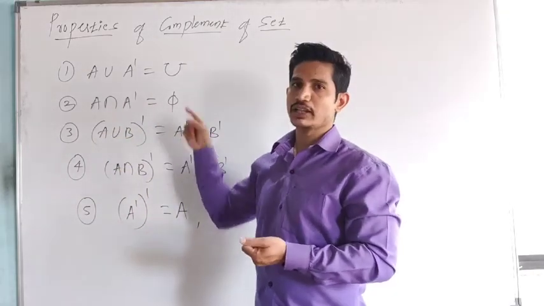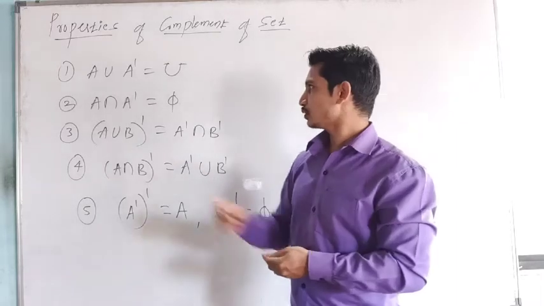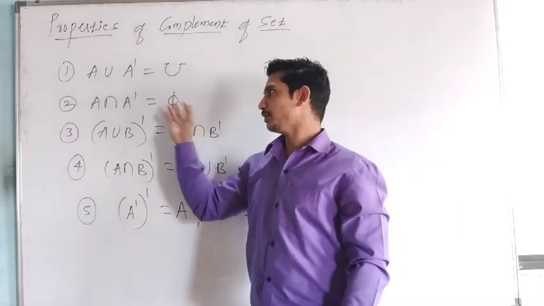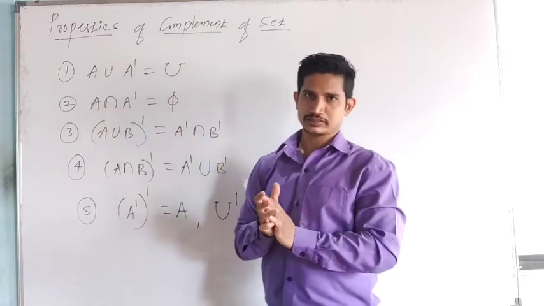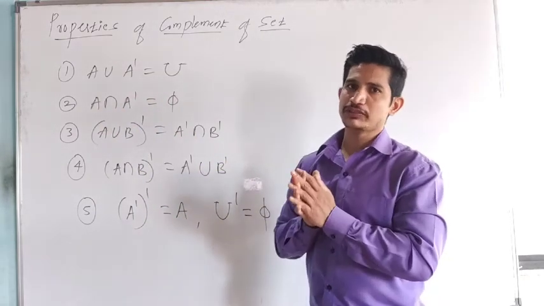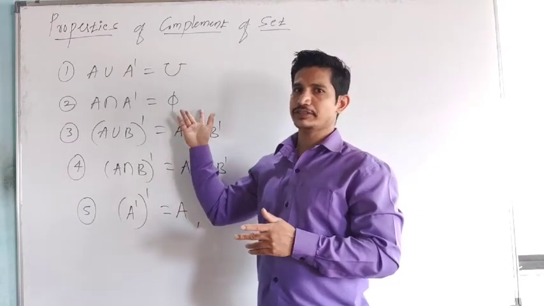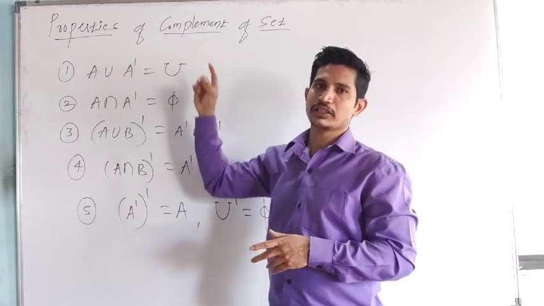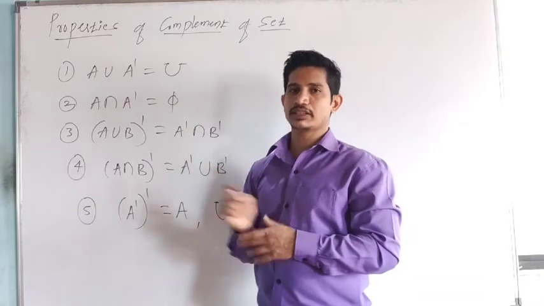This is the symbol for the empty set, phi. There is no element common between A and A dash. If I combine A and A dash, the universal set will come.